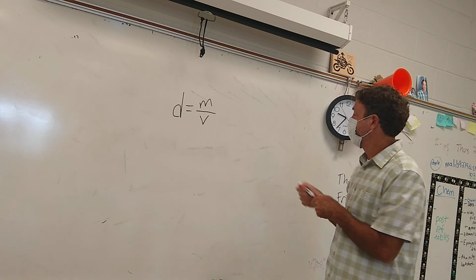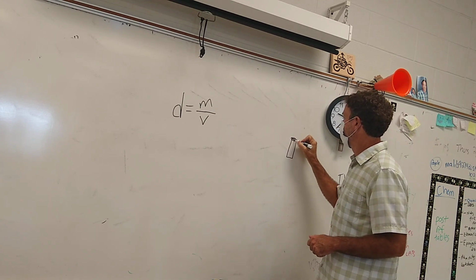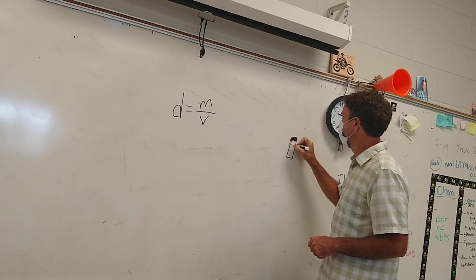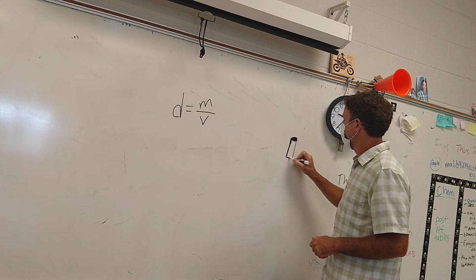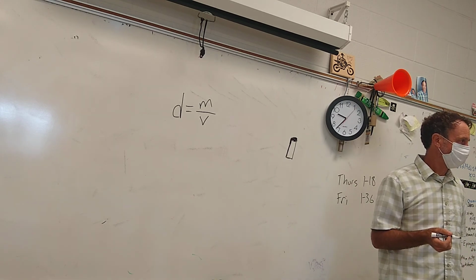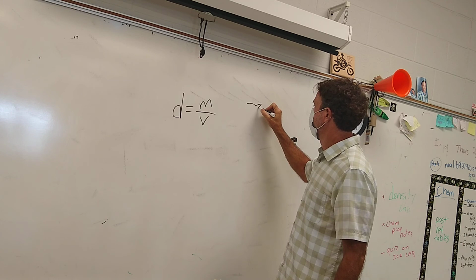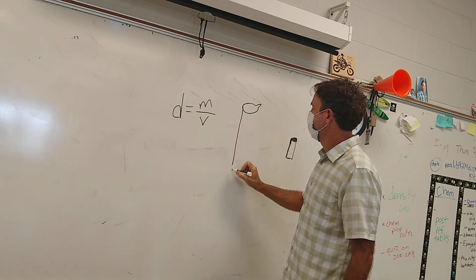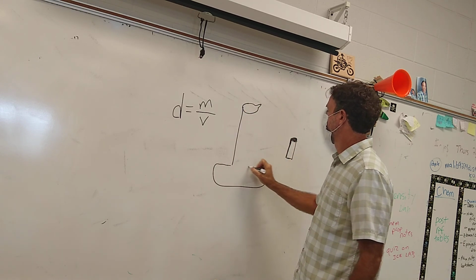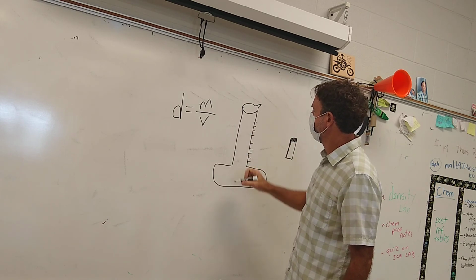You're going to have an object like a little plastic or metal ingot, all right? And they're small, so it's going to be hard to measure them. So what we'll do is we'll get a graduated cylinder like this, and it's got marks on it, right?